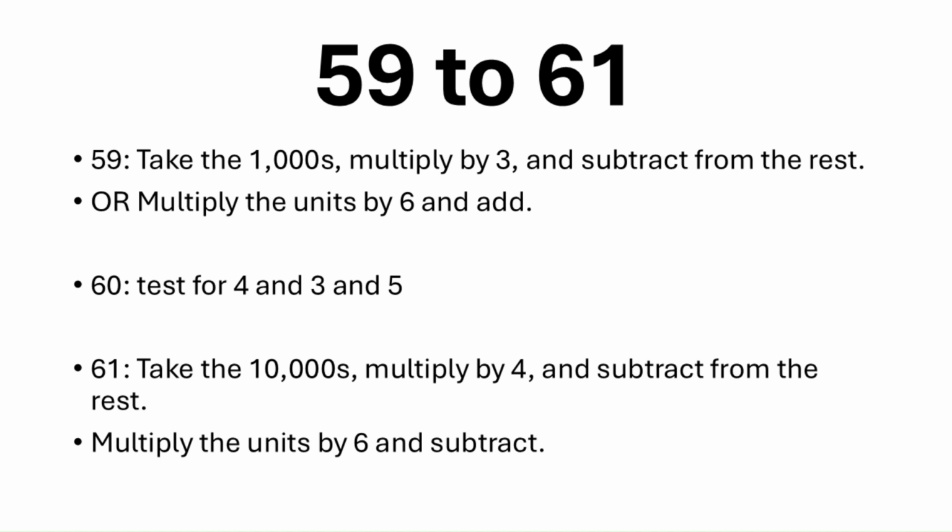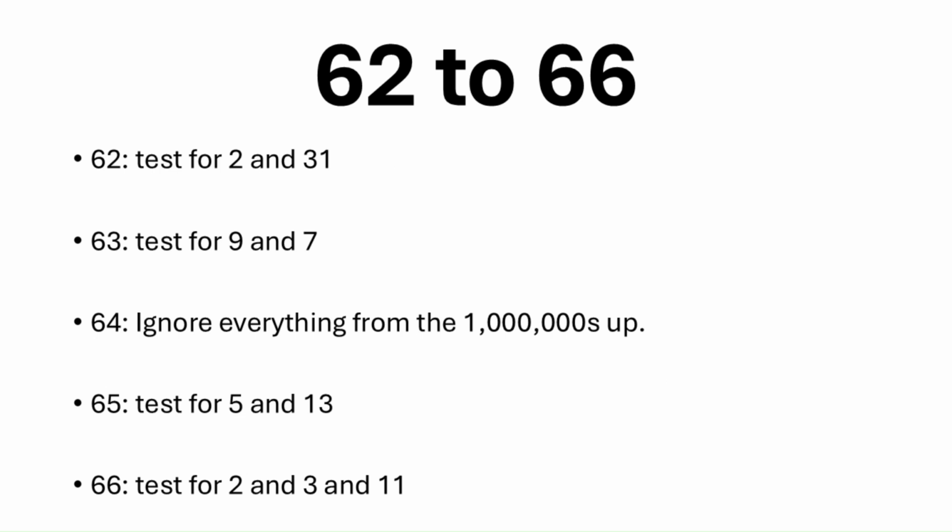60. Test for 4 and 3 and 5. 61. Take the 10,000s, multiply by 4, and subtract from the rest. Multiply the units by 6 and subtract. 62. Test for 2 and 31. 63. Test for 9 and 7. 64. Ignore everything from the 1 millions up. 65.